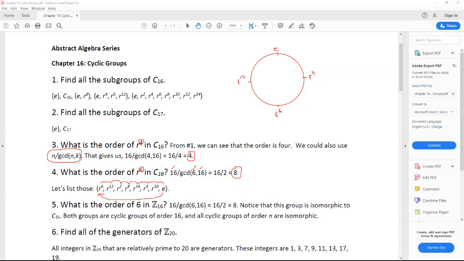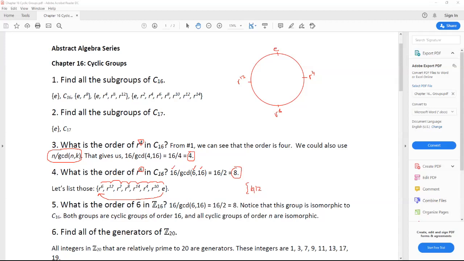If we want to apply the 6 each time, that's going to give us 6 followed by 12. And if we apply 6 again, of course, being in Z, we're using addition as our operation here. So we have 6, 12, 18. And of course, 18 in Z16 is 2.